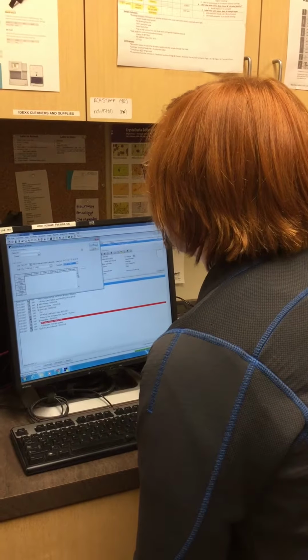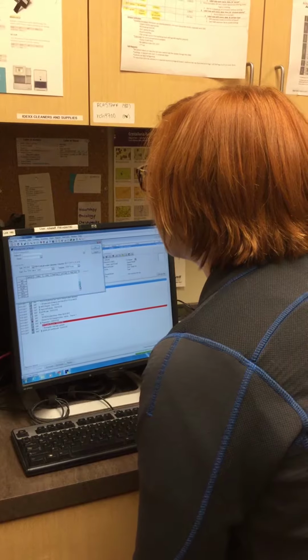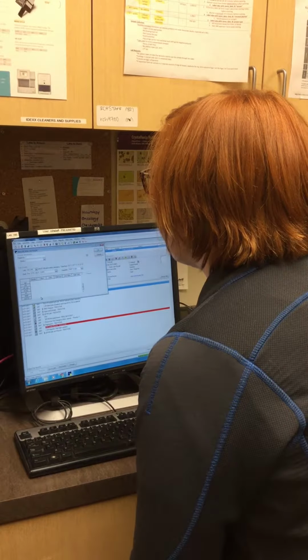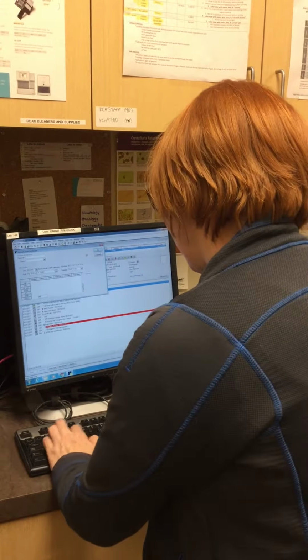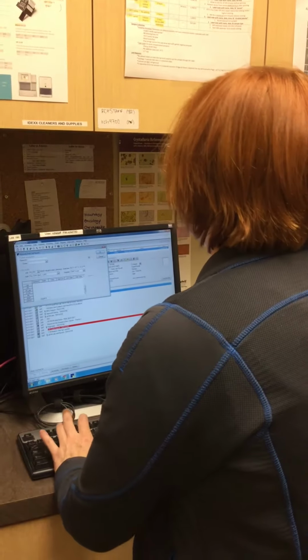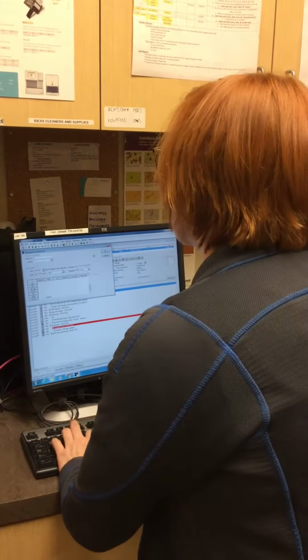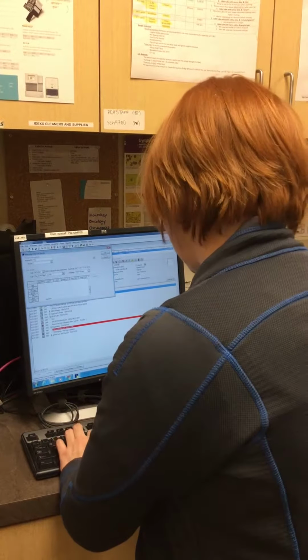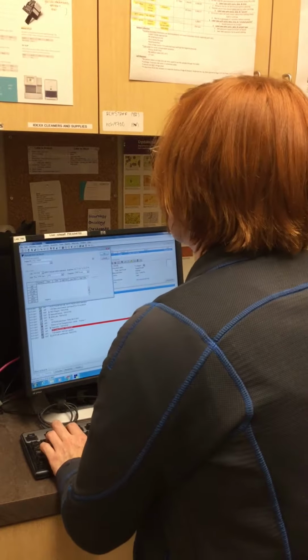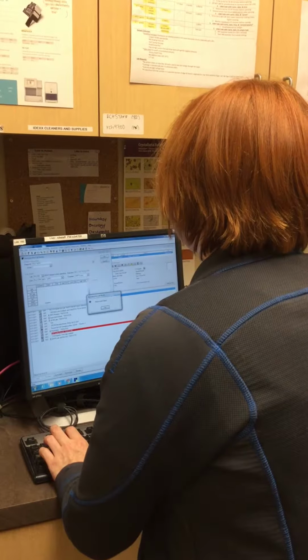Scroll down until I find lepto, which is right here, and then just put negative. And okay. Okay, and it's in there.